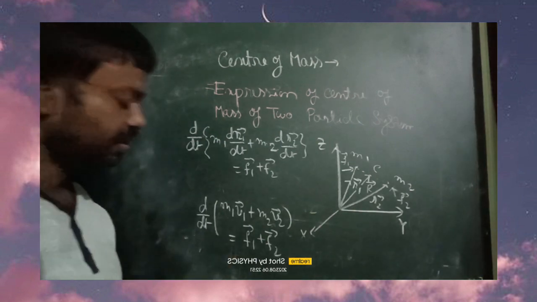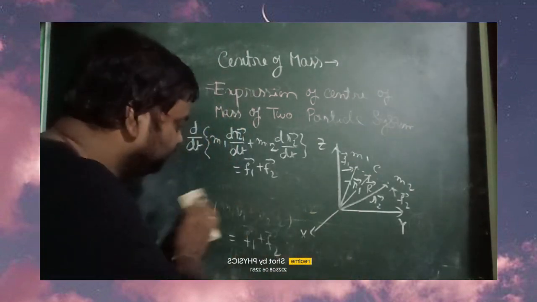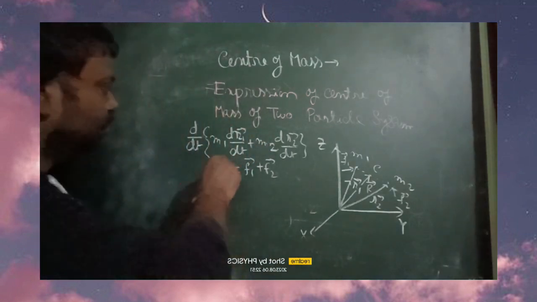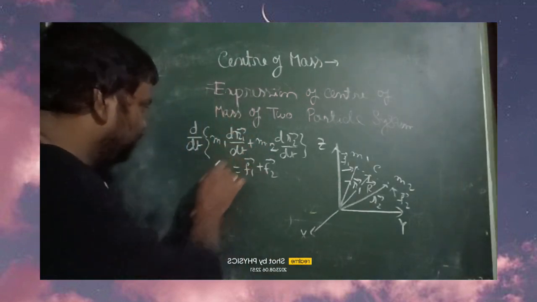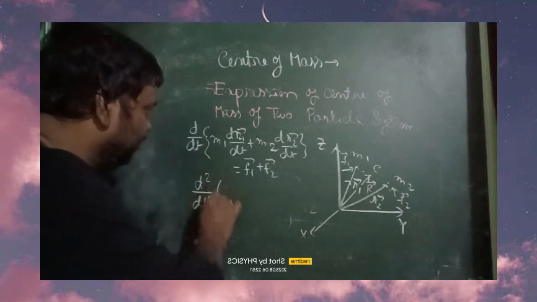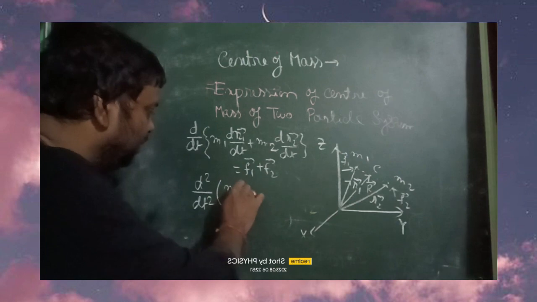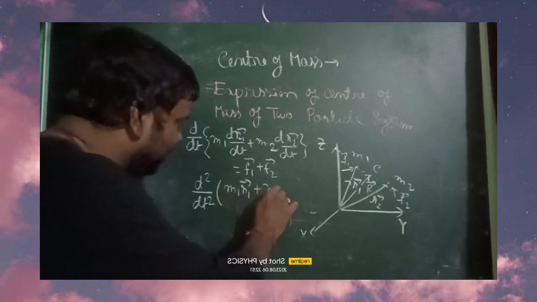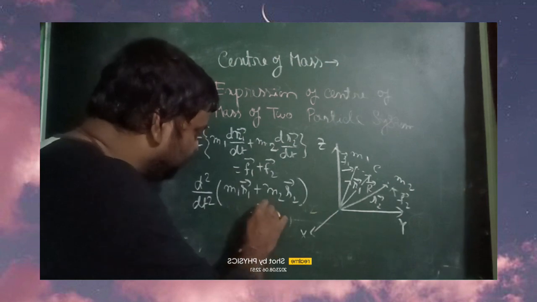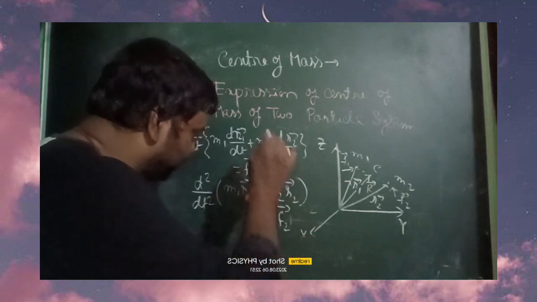You can understand it. Now carrying out the d/dt, that is d squared by dt squared of m1 r1 vector plus m2 r2 vector, equals F1 vector plus F2 vector.